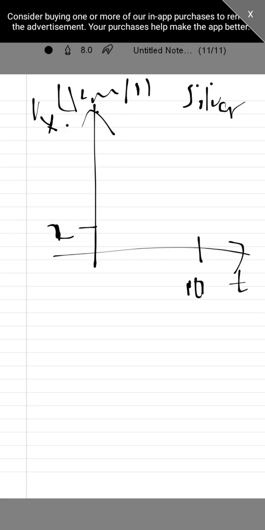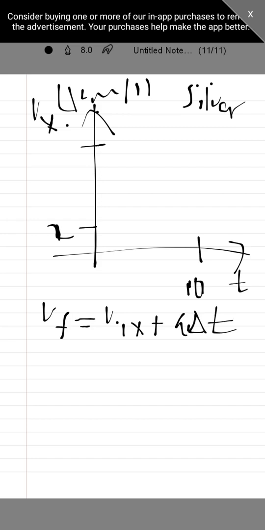So we can calculate the final velocity, which is vf, and we use this equation. I think you remember this one. Vf equals initial velocity, which is 2, plus the acceleration, which is 0.4, times the time, which is 10 seconds.